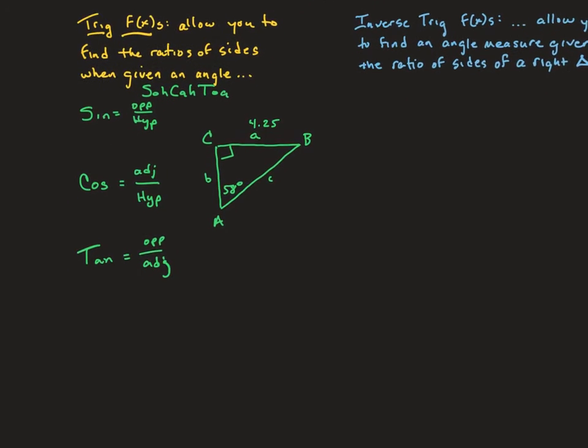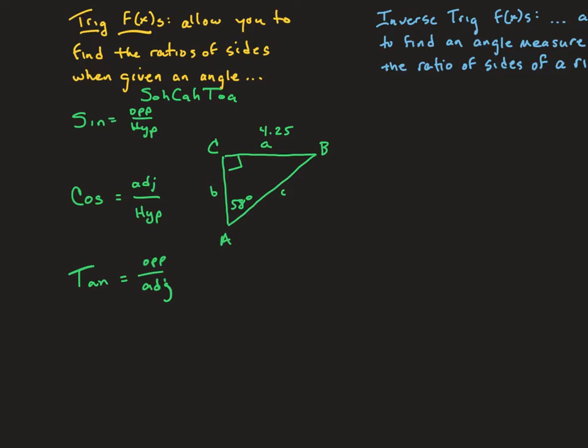If I look at this triangle, we have identified triangle ABC. I have a side length of 4.25, an unknown hypotenuse and leg, but I do know that angle A is 58 degrees. So the sine of 58 degrees is equal to the opposite over the hypotenuse. The opposite is 4.25 over the unknown C value.